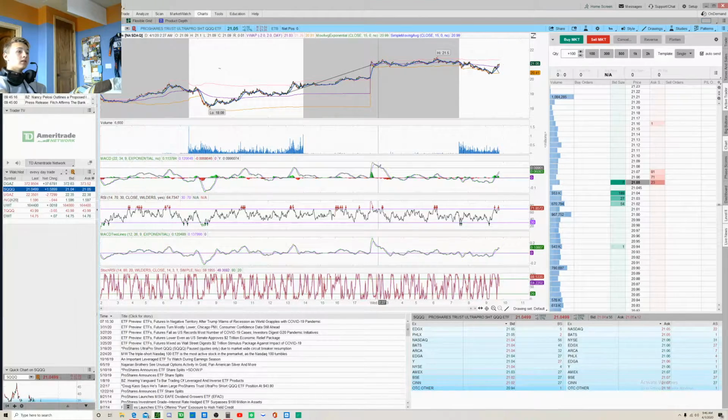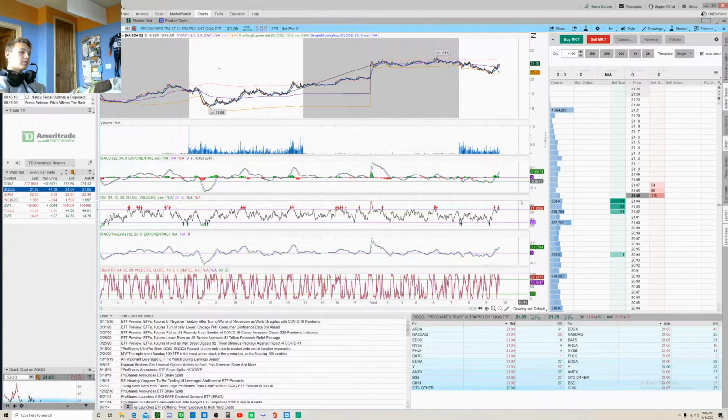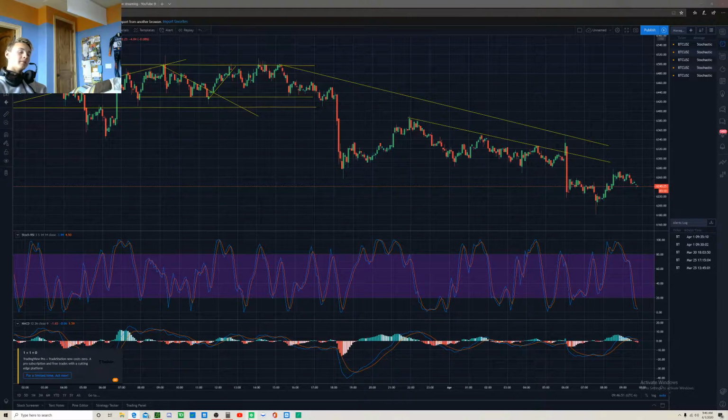Damn. There's a little pullback, but it's way overbought. I don't even know how to trade that. So I just don't think I'm gonna take a position today. I mean, there's so much money to be made in the market, but it's hard.